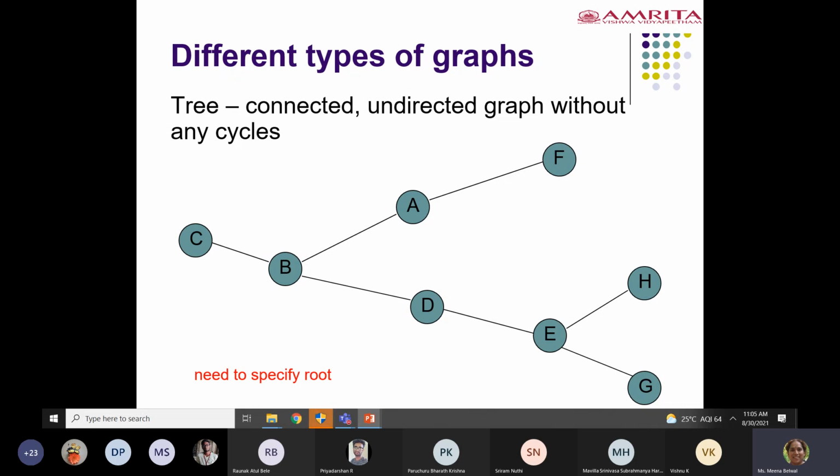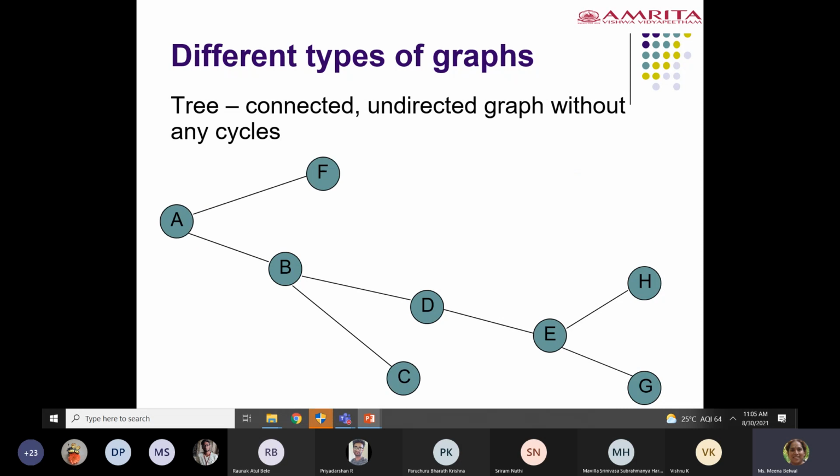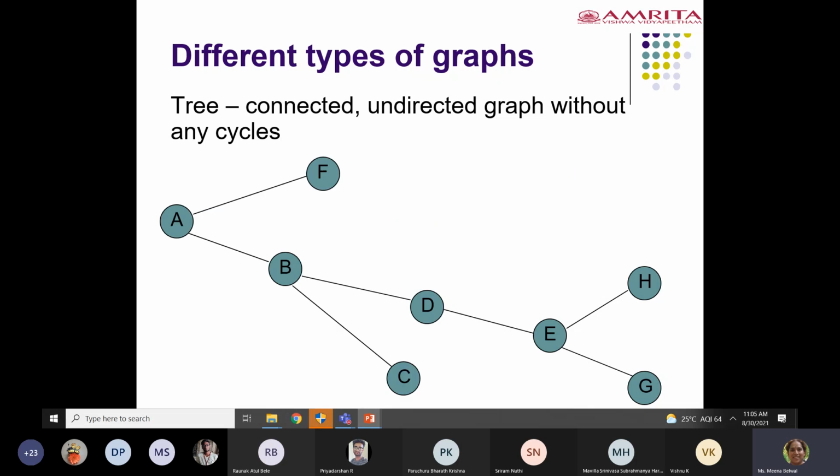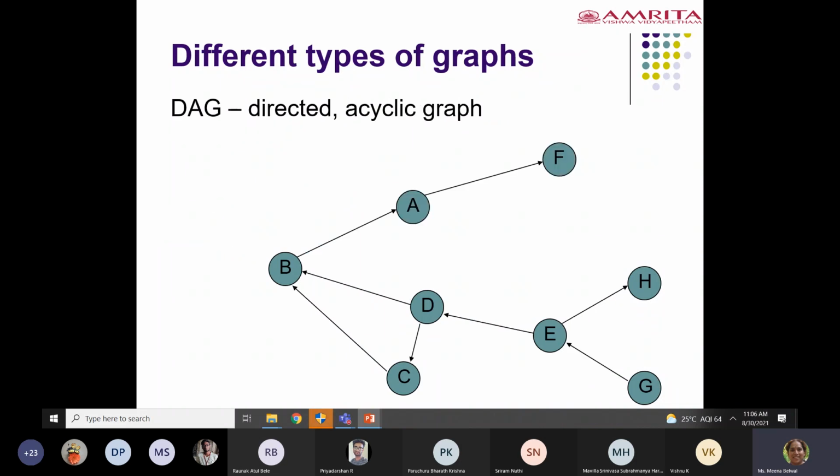So that is why we need to specify a root. The same picture can be drawn like this also. A to F, C to B. I can also draw it like this. So now what should I do? Should I consider A as root? So that is why root is an important part that has to be there. When I say this is my tree, I must also say what the root of the tree is, right?